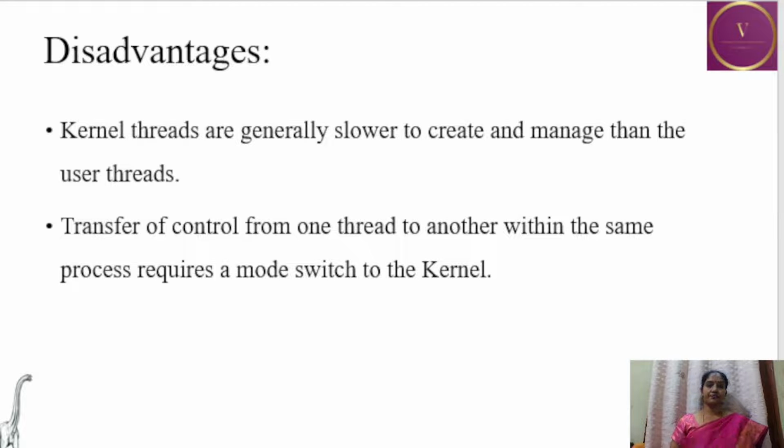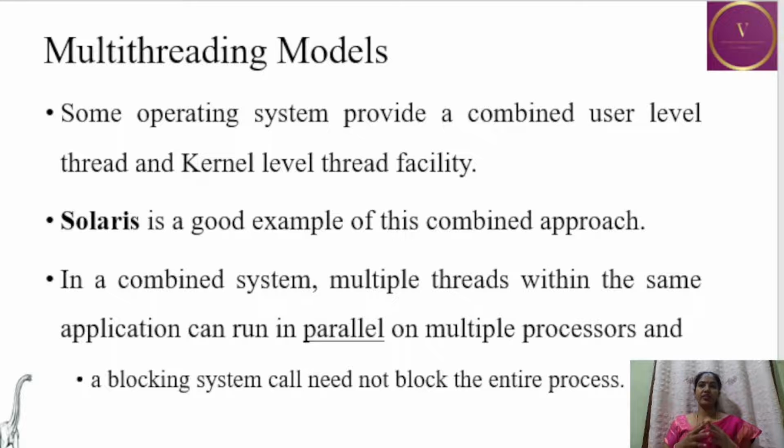Okay. The next topic is the multi-threading model, that is user level threads must be mapped to the kernel level threads in order to get executed, and how they are getting mapped, that is what we will be seeing in this. Some operating systems provide a combined user level thread and kernel level thread facility. One good example is Solaris for this combined approach.